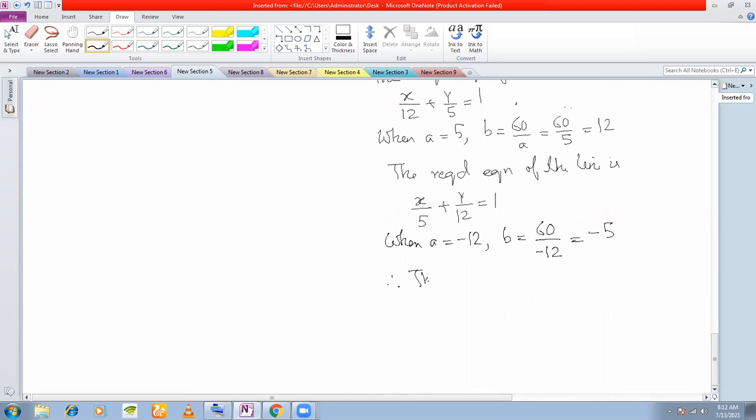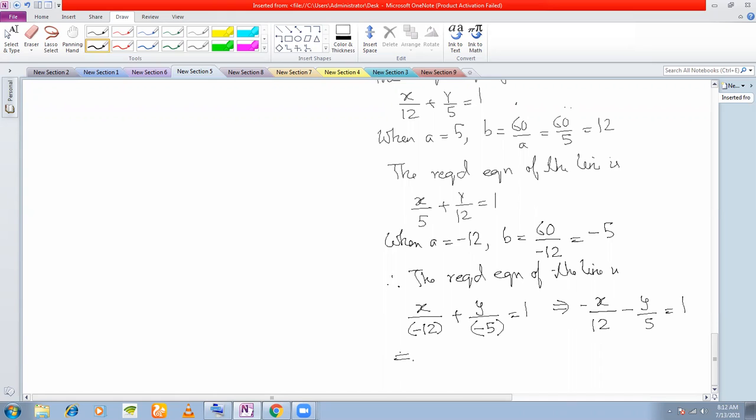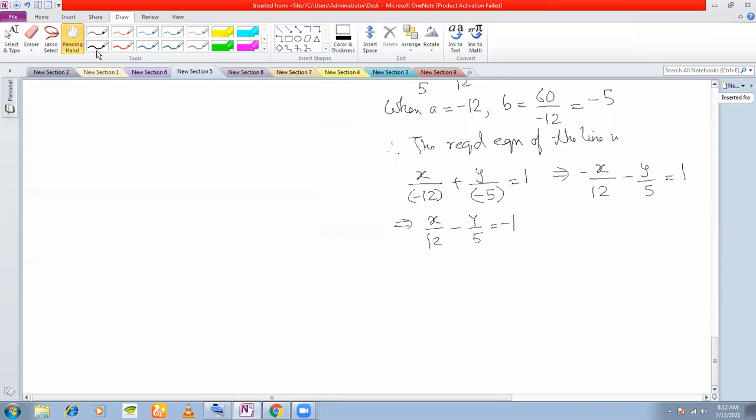So therefore, the required equation here is x by A plus y by B is equal to 1. That means you get minus x by 12 minus y by 5 is equal to 1. That means you can write this as x by 12 plus y by 5 is equal to minus 1. Okay, this is the third equation.